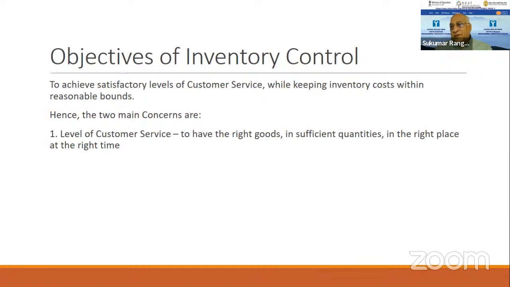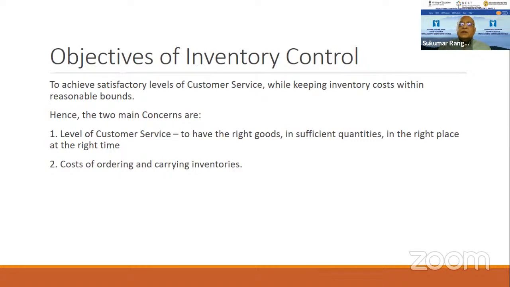Delivery means again time, timely delivery. Keep that in mind in operations. QCDS: quality, cost, delivery, and service. If he gets all this, then that means he is satisfied. So the level of customer service is to have the right goods in sufficient quantities at the right time.